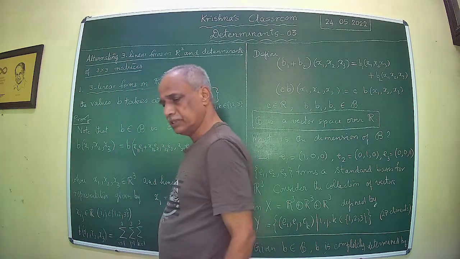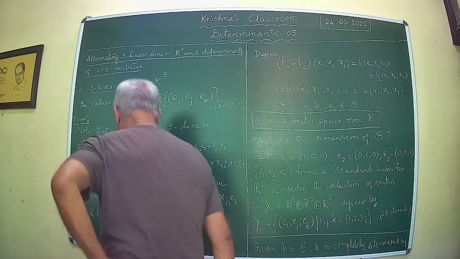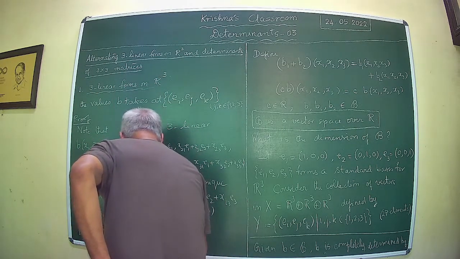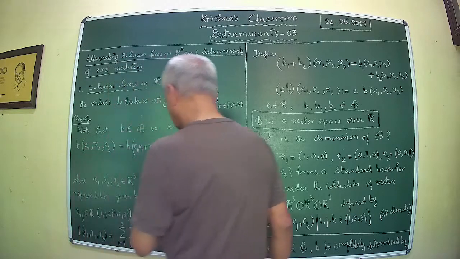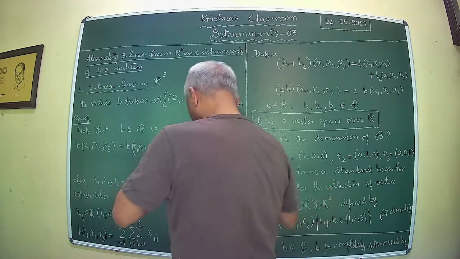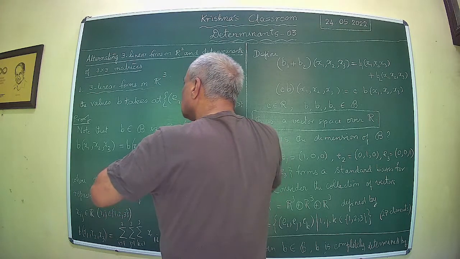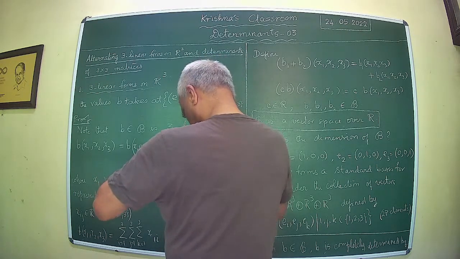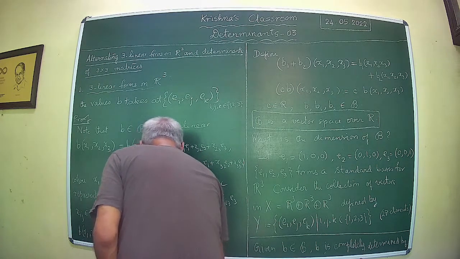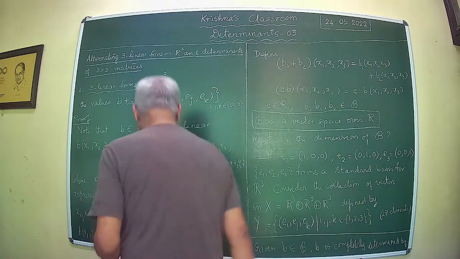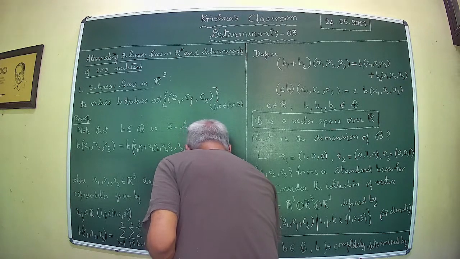The coefficients that get pulled out are this: b of i, sorry, x1i, x2j, x3k, B at e_i, e_j, e_k.